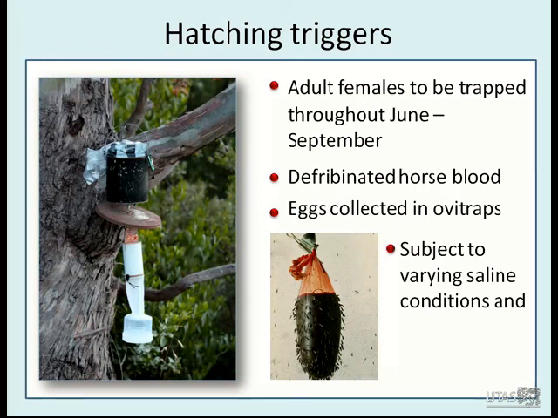And if the battery stops or for some reason fails, the trap is shut off permanently due to no air pressure. And the adults will be brought back to the lab and identified. The females will be put aside and bred in cages in a controlled temperature room and fed defibrinated horse blood, and then I'll hope to collect their eggs in ovi traps.